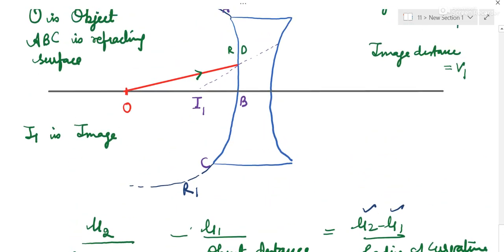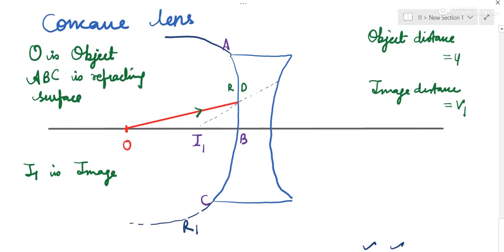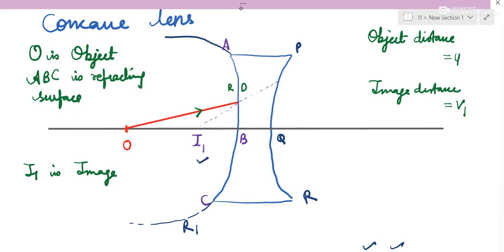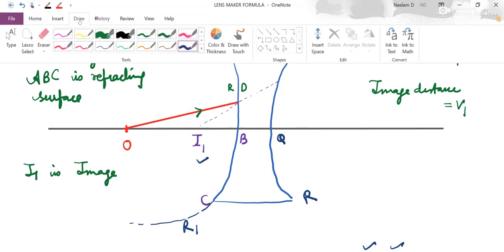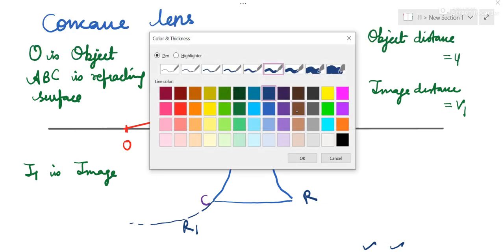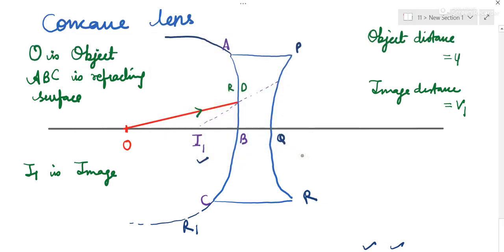Now let us do the final touch to the diagram. Who will be the second refracting surface? It will be P, Q, R, and I1 will act as the object for the second refracting surface.